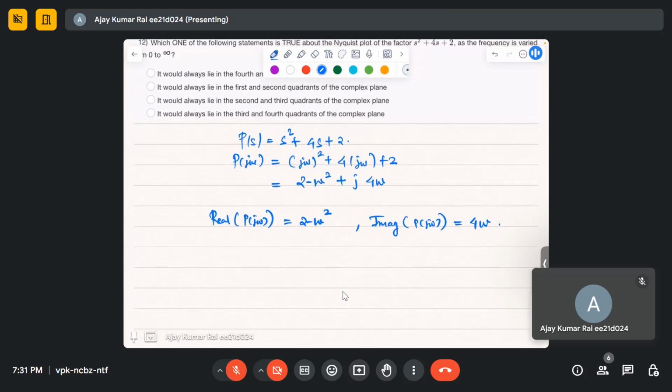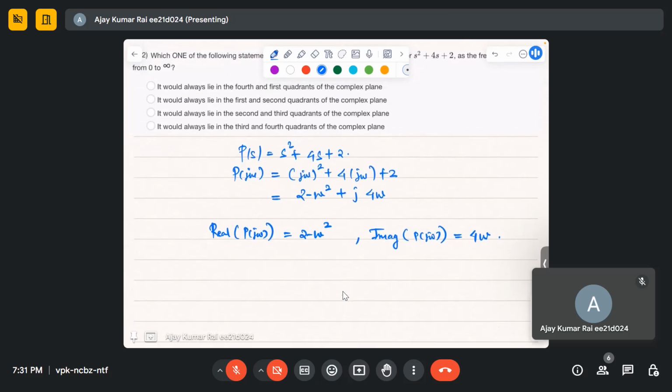So you can see if you have an omega value which is less than root 2, for omega less than root 2, you will get this real part to be positive. For omega greater than root 2, you will get the real part to be negative. Okay, that you will see in the Nyquist plot.